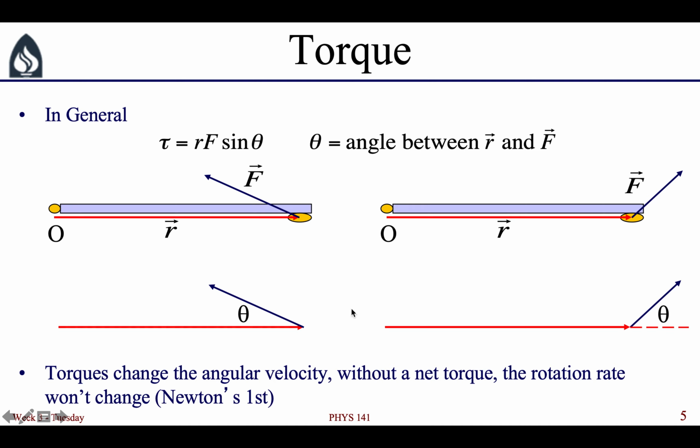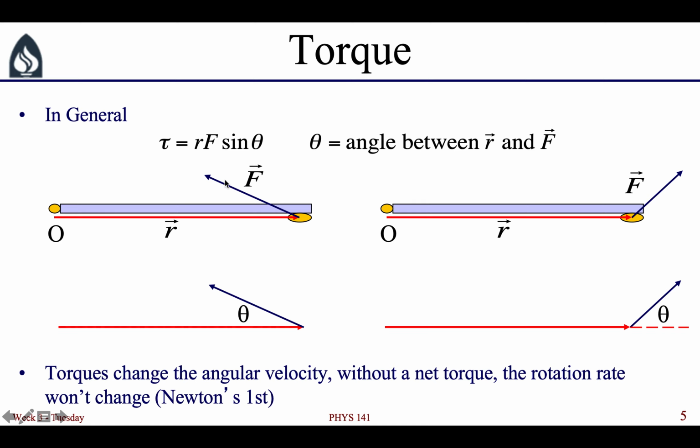That was for the special case where the moment arm and the force vectors were perpendicular to each other. More generally, in order to find the torque, we take the length of the moment arm times the force and then multiply by the sine of theta, because that gives us the component of the force that is perpendicular to the moment arm. Theta is equal to the angle between the moment arm and the force vector.